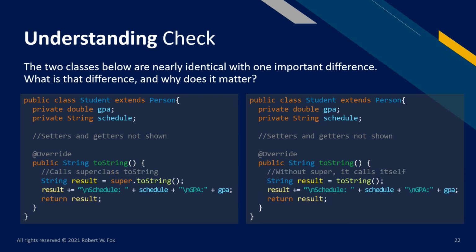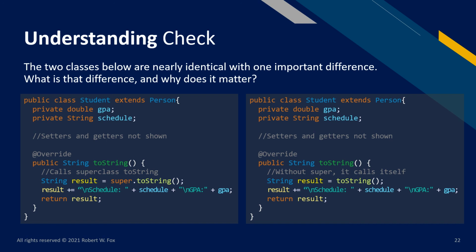So the difference between these two is the word super. On the left, we have super.toString, and we already know that that means that we want to call the toString method in the superclass. On the right, we omit super dot. And technically, this is still legal code, like it will probably run, but it doesn't do what we want.